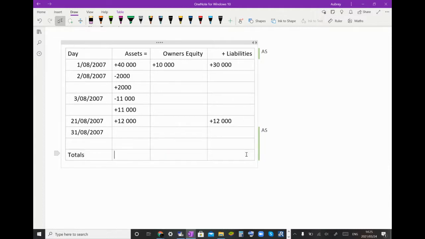These totals, when you're in your testing exam, they're not there. So I would look at the 30,000 and the 12,000, and I would minus 3,000 of those together. So 42,000 minus 3,000 is 39,000, because we paid off the bank loan, so we have less liability.